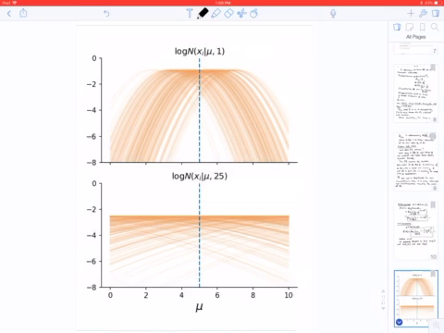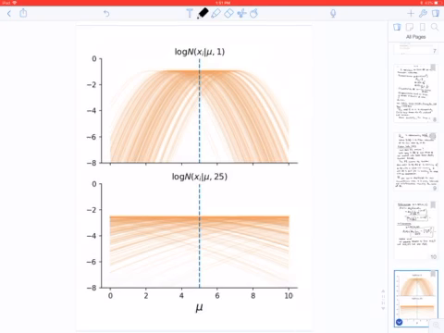Looking at the top, each of these trajectories that you see is a different observation. It looks like we have 1,000 observations here, and for every observation we have a different log likelihood. When we do an MLE estimate, our estimate is the mu value that maximizes this curve, in other words, the mu for which this log likelihood peaks.